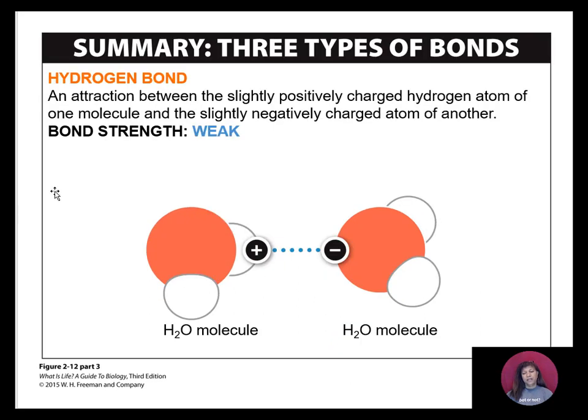So this hydrogen bond that forms, hydrogen bonds are actually a weak bond. Remember, our covalent bond was a strong bond, our ionic bond was a strong bond, but the hydrogen bond is actually a weak bond. So the attraction between the slightly positively charged hydrogen atom of one molecule and the slightly negatively charged atom of another water molecule causes this hydrogen bonding, and it's a weak bond.